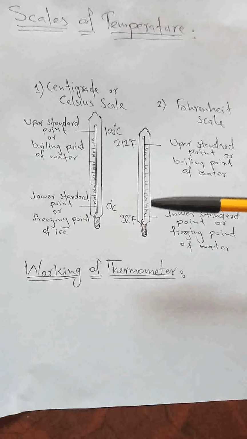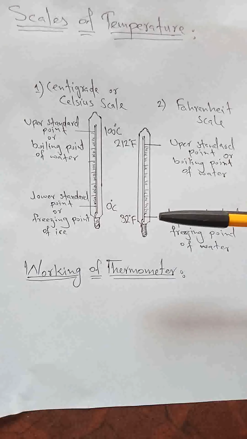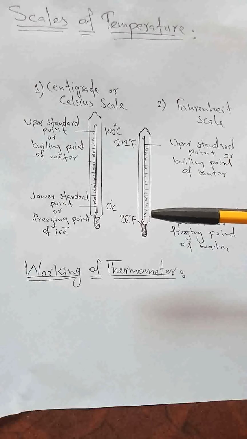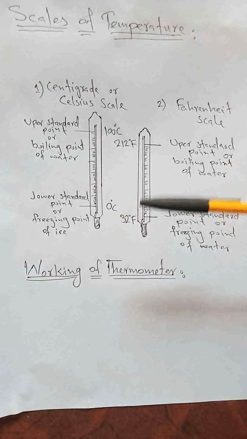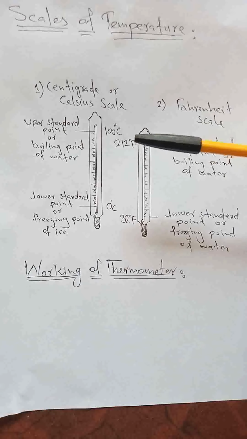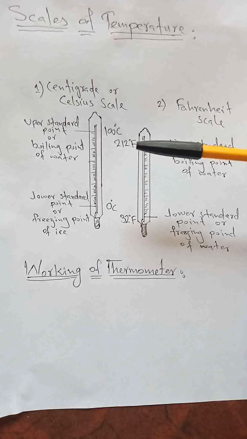In the Fahrenheit scale it is 180. Each division is called degree Fahrenheit and labeled with F. This is degree Fahrenheit, F.